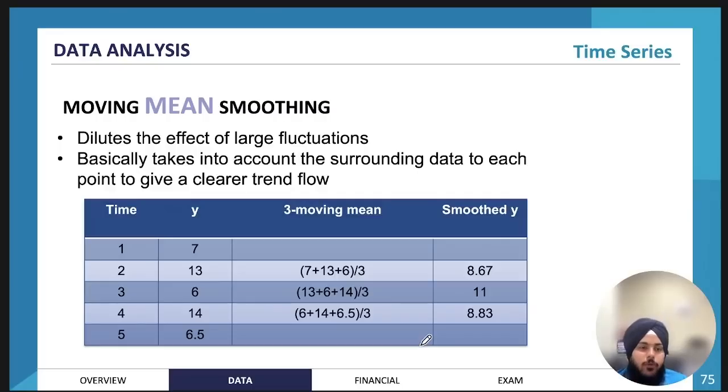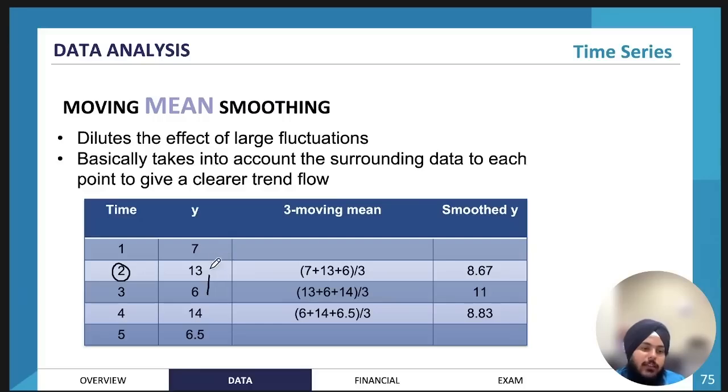First we'll look at moving mean smoothing. Moving mean smoothing is to dilute the effect of large fluctuations. Basically, it takes into account the surrounding data of each point to give a clearer trend flow. An example of this is using this table over here. Let's say we're trying to calculate the smooth mean value of time 2, with a 3 moving mean.